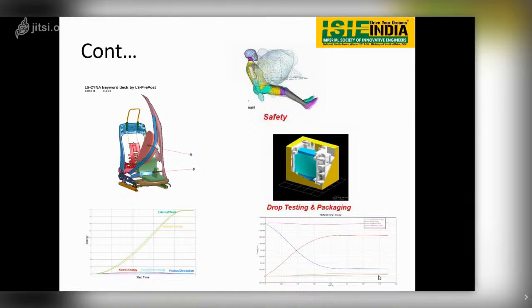The sliding energy occurs mainly because of frictional values. We are defining friction, contacts between the various components. Because of that, the sliding energy is increasing, and the hourglass energy is also increasing a little bit.